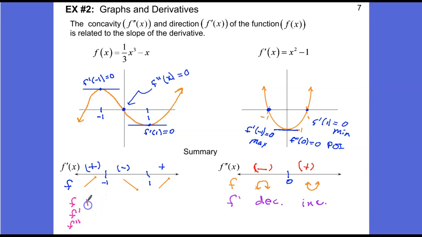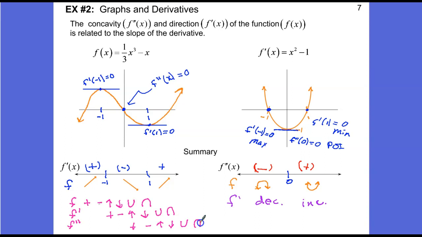And I write plus, minus, up, down, concave up, concave down. You can make a little song out of it, but plus, minus, up, down, concave up, concave down. So notice I skipped 2 and started again. So now I'm going to skip 2 again, and I get plus, minus, up, down, concave up, concave down.